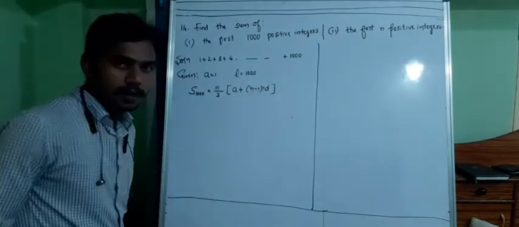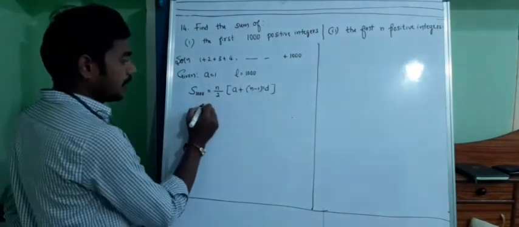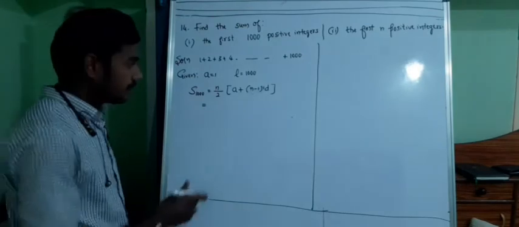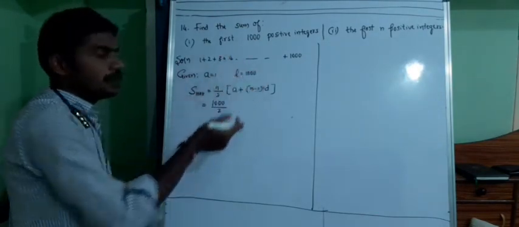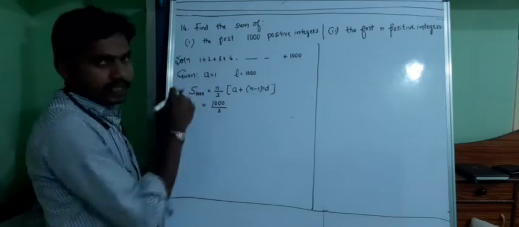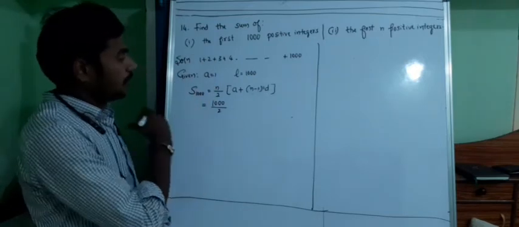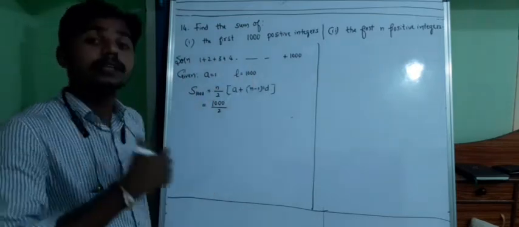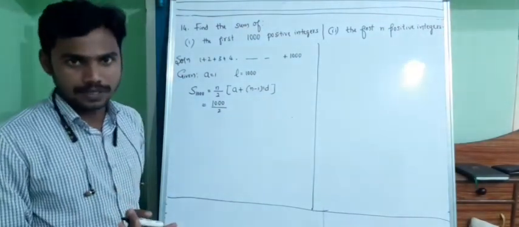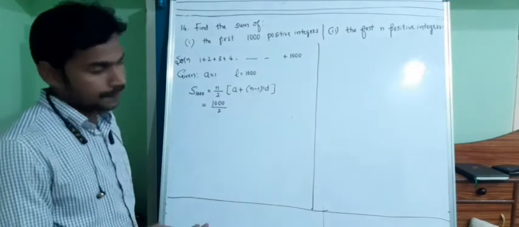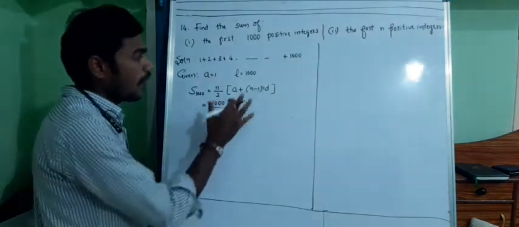This is the formula. Since I am finding for 1000 terms, it is 1000 divided by 2. Why did I write 1000? Because the difference is 1. We need to find the sum of the first 1000 terms, so n will obviously be equal to 1000. Already we know n, and we know the last term.